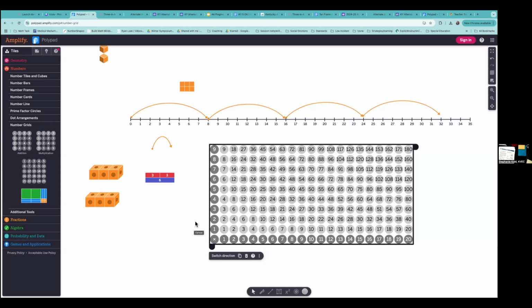So 24 over 72. So I go through here and I'm like, I need to find 24. Do I see 24 and 72 on the same spots? I do. I really do. I want to see if I can put a dot on them.